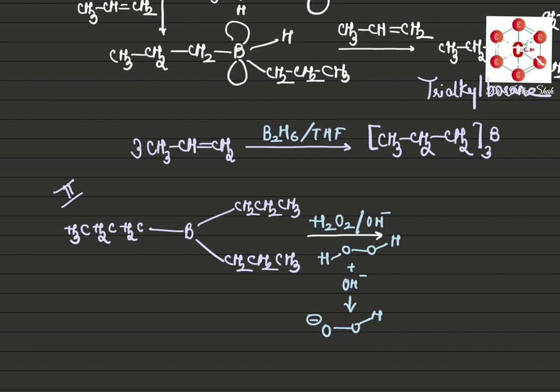H is pulled out. H2O2 and OH. So H2O2 is this HOOH. Now in presence of base, what would a base do? Pull H plus. So it pulls H plus and you will have O minus here. So O minus, O and OH.